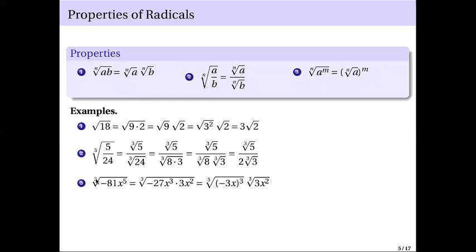And so this cube root of negative 81x to the 5th power can be written as cube root of negative 3x cubed times cube root of 3x squared. And for this guy, the cube here is being cancelled by the cube root here. So that we will have negative 3x times cube root of 3x squared.